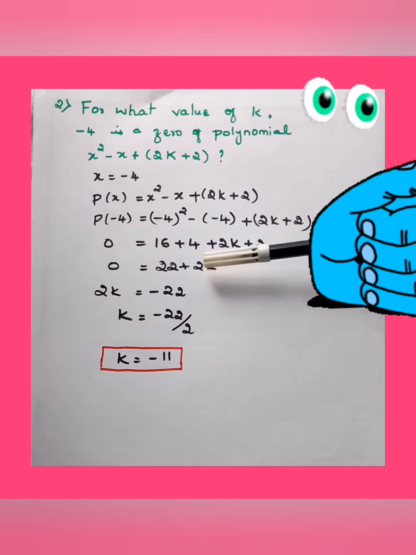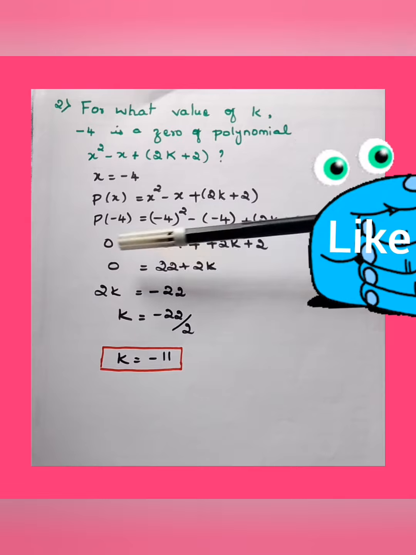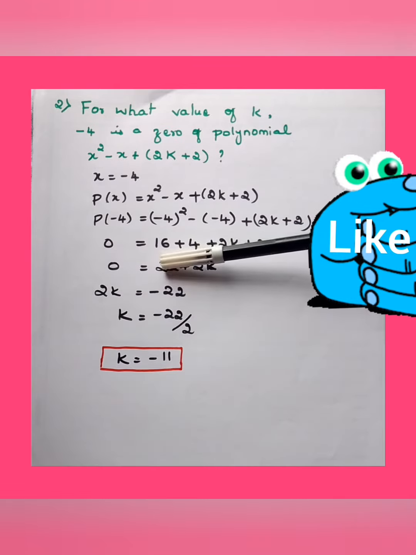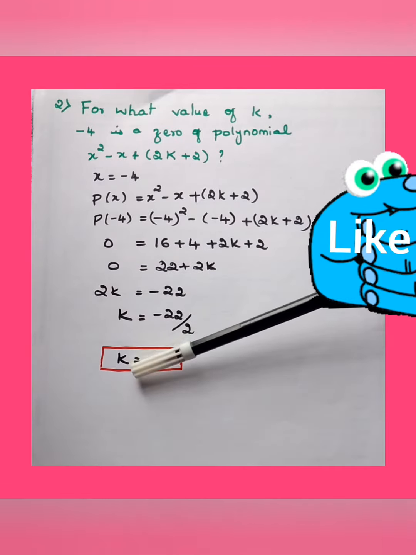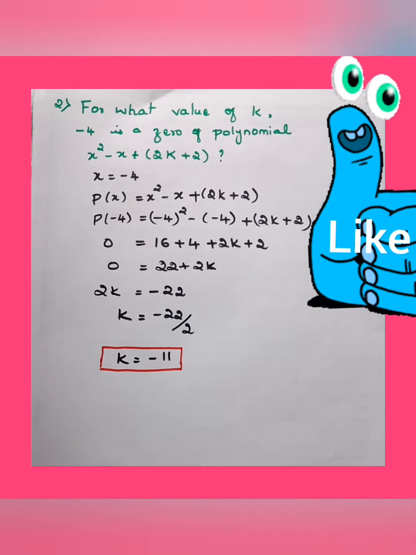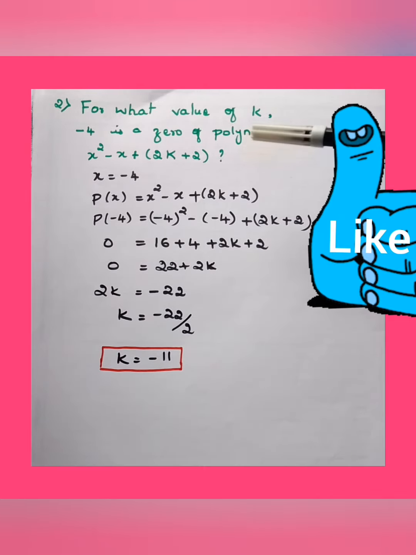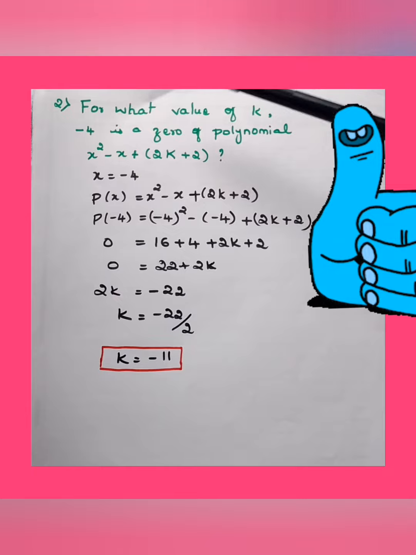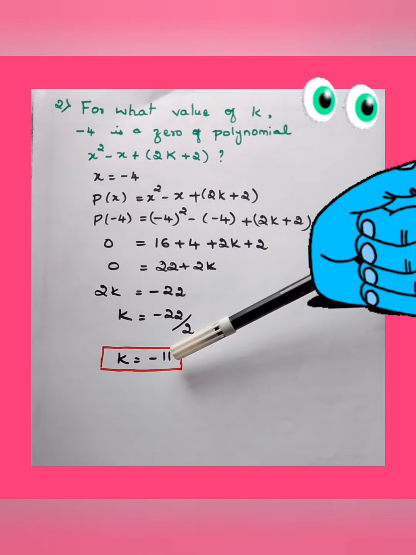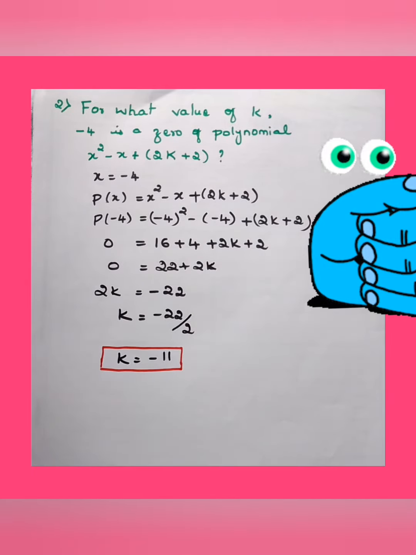To find the value of 2k, keep the 2k here, shift this minus 22 to the other side, becomes plus 22, and you get the value of k is equal to minus 11. Very simple, but questions will be different. Whatever the question is asked, if the x value is given, substitute it and just get the value of the constant term which is given.